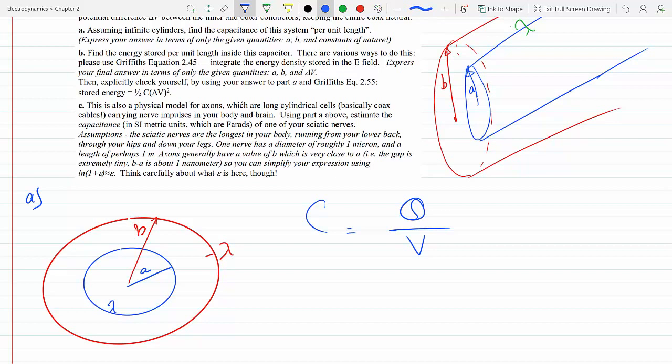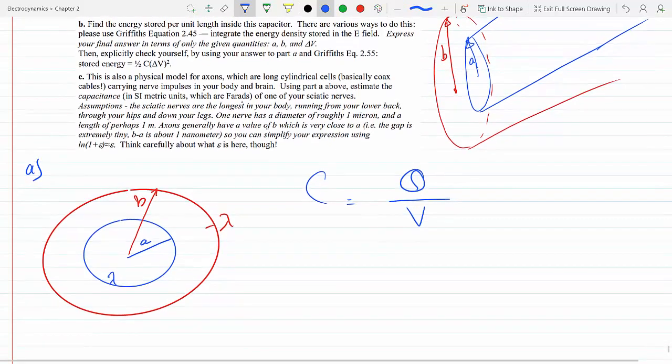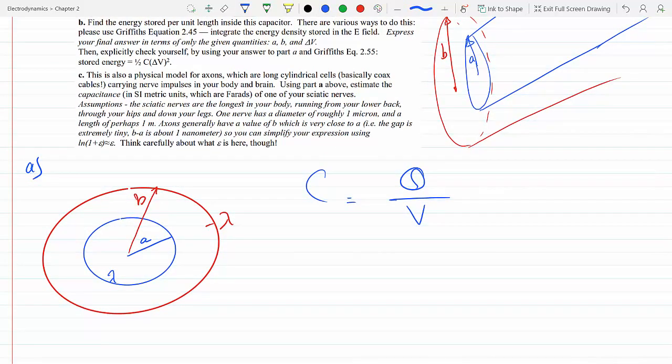That's what it is, and we are trying to find the capacitance per unit length. So the best way to tackle this problem is to actually figure out the potential, and then we take the ratio between the charge and the potential.